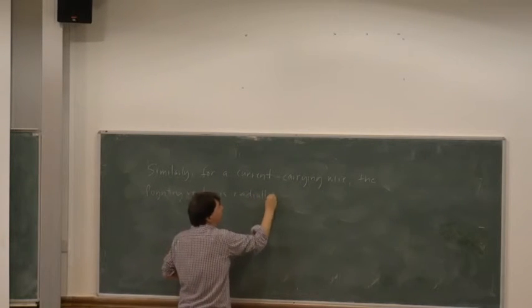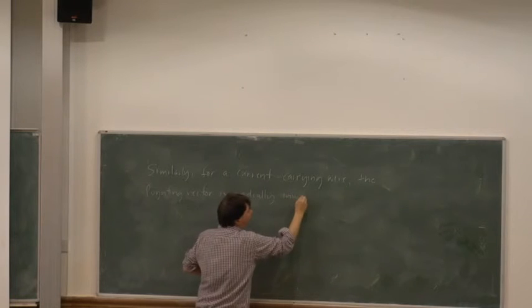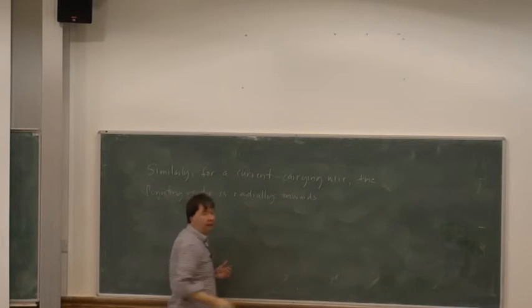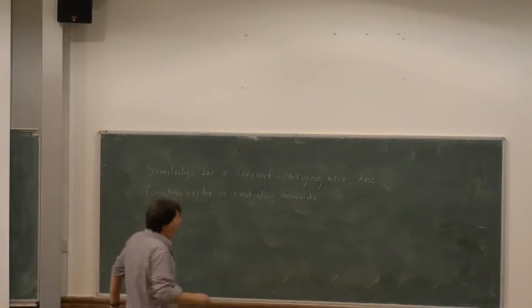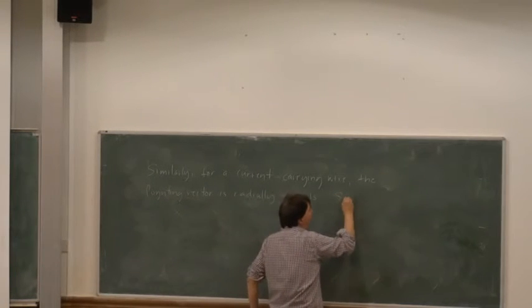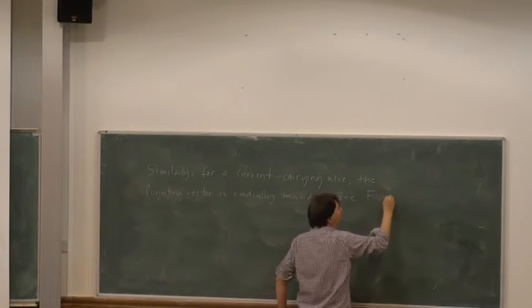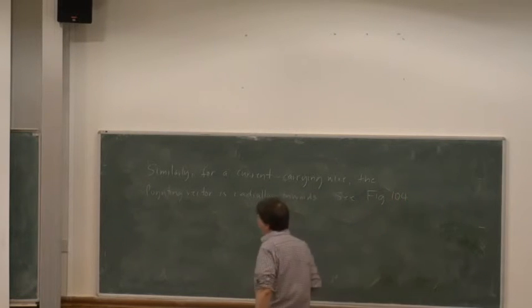So again, energy is emphatically not flowing down the wire to heat it up or make it glow if it's tungsten and we want to make a light bulb. It's being drawn in from the space-time around the wire. And that's illustrated in figure 104.